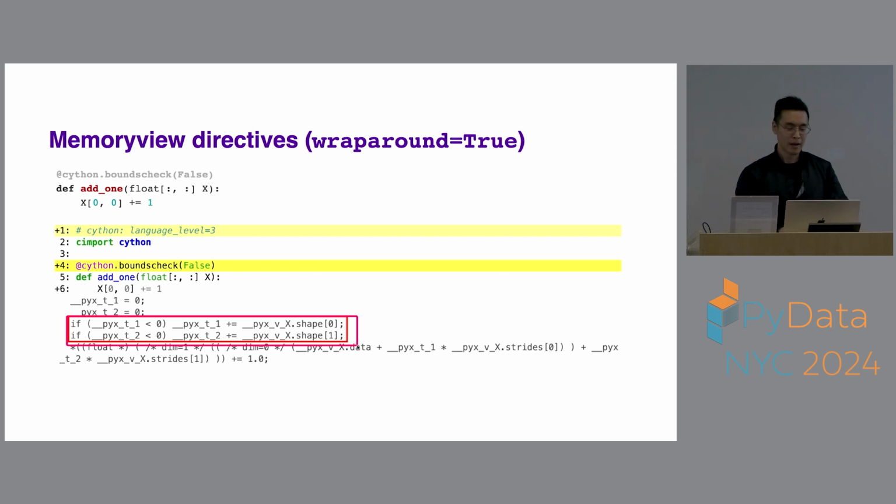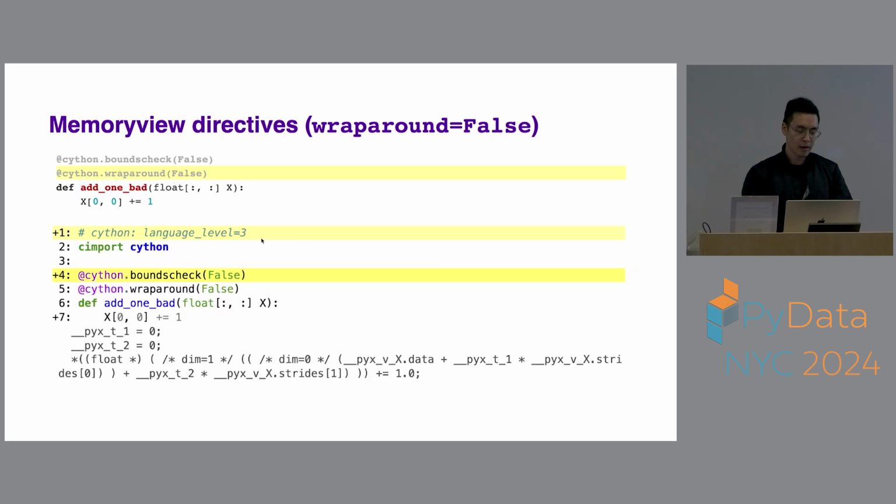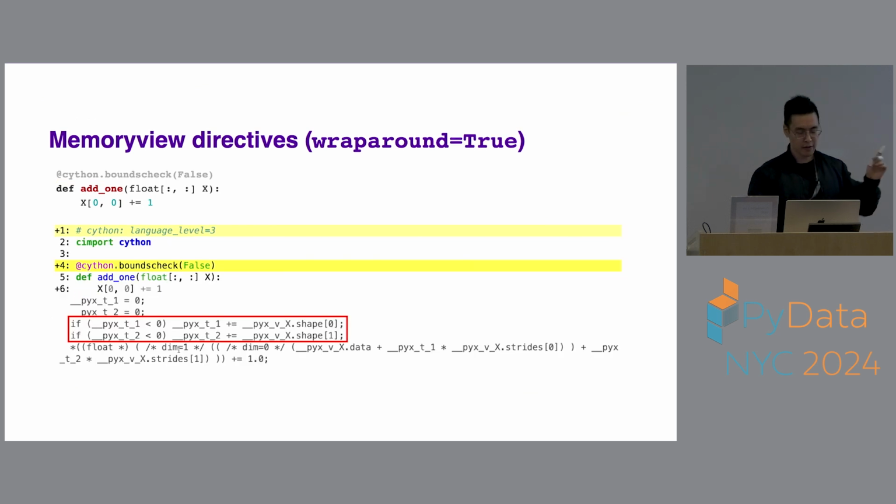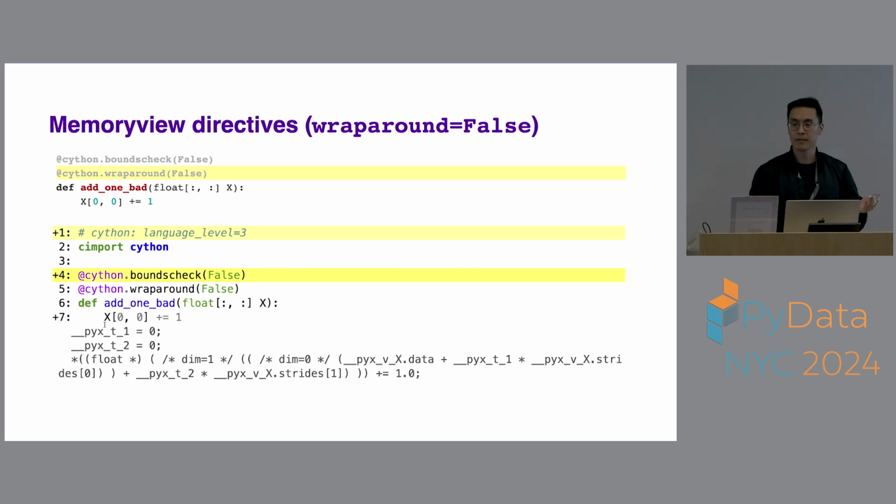You can also remove this by using a decorator, cython.wraparound(False), and this would turn that off, and you see that the code from above, this box here, if I annotate that, it's gone. So there are many of these directives, and these are things you just need to know if you're working with memory and you want to optimize for performance.